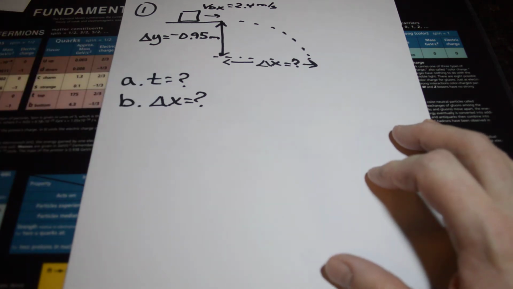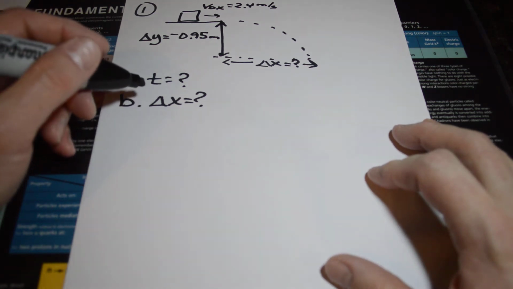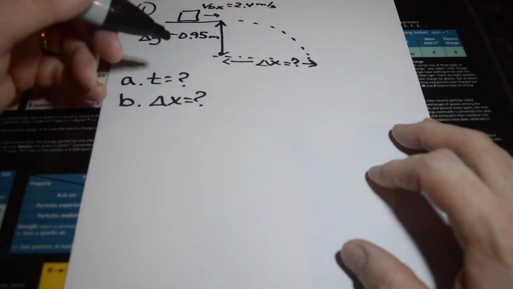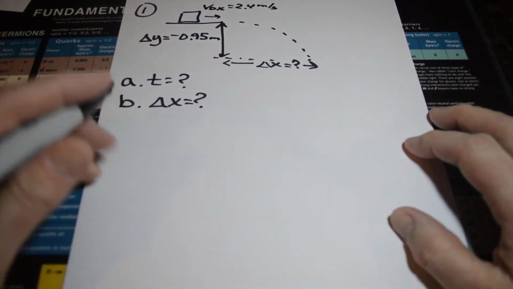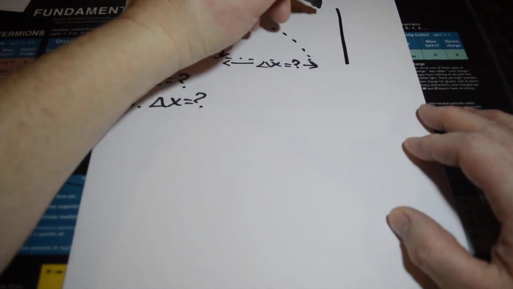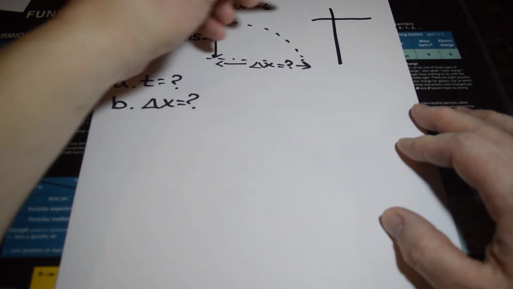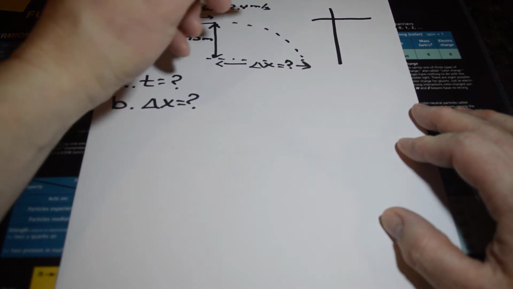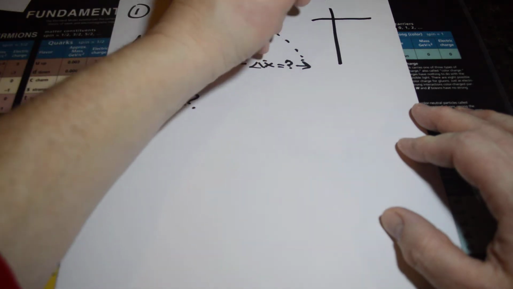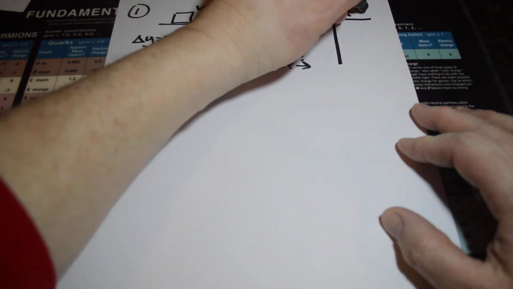The way in which you solve this problem is to try to figure out what's happening in both directions. I'm not sure if you remember this, but we sometimes decided to fill out a little chart to determine what was happening in both the x and the y directions.